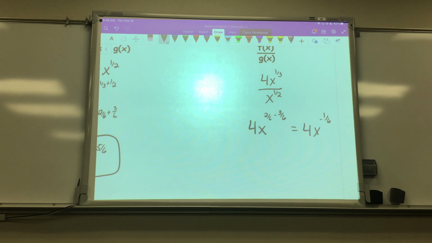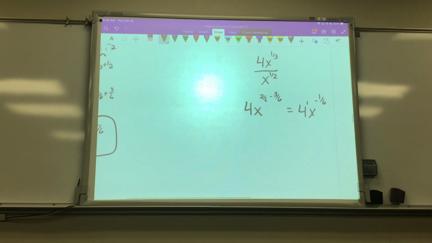Now, do I bring that 4 with it? No. Remember, that's like saying 4 to the first times x to the negative 1/6, right? Only the x has the negative exponent. The common mistake I'll see on these ones is this, which is wrong.